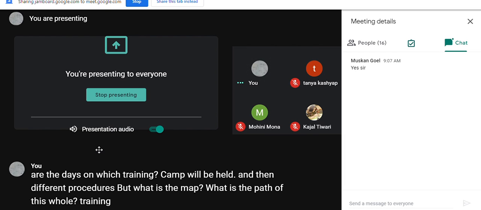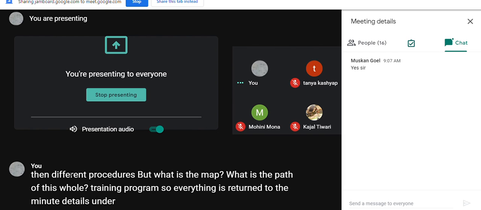Everything is written down to the minute details under this step, and it is a detailed outline of the whole program on paper.